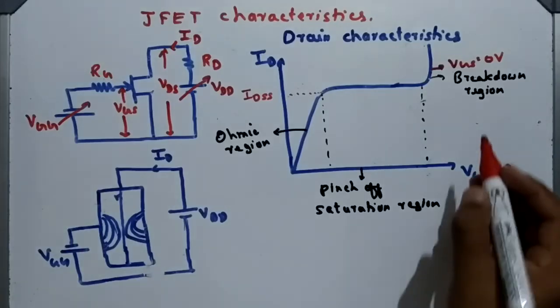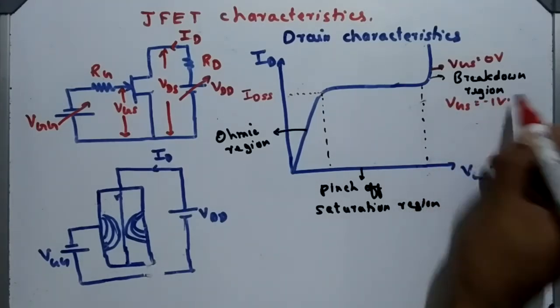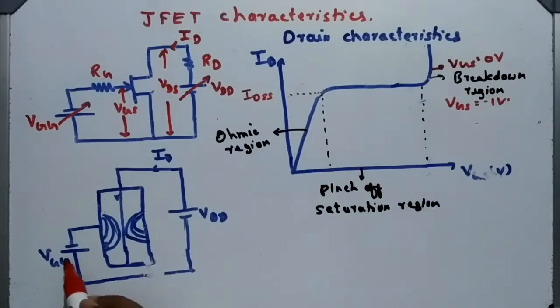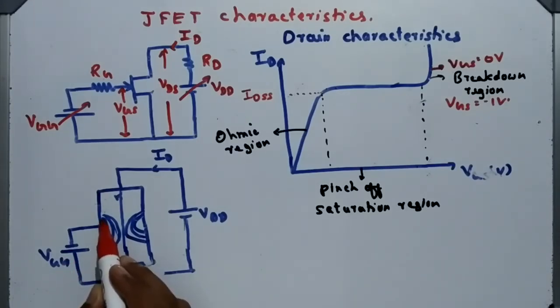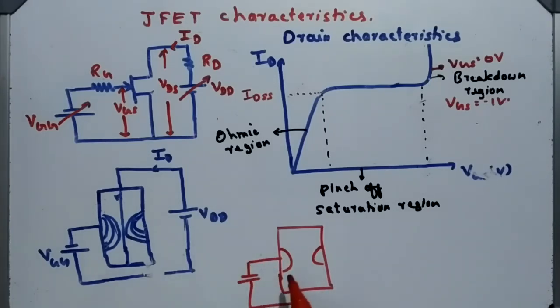Now you change VGS to minus 1 volt. Now the PN junction becomes a bit more reverse biased. This is the PN junction. In the earlier case, when VGS is equal to 0, the junction was not reverse biased. Now when we make VGS equal to minus 1 volt, the depletion region widens.